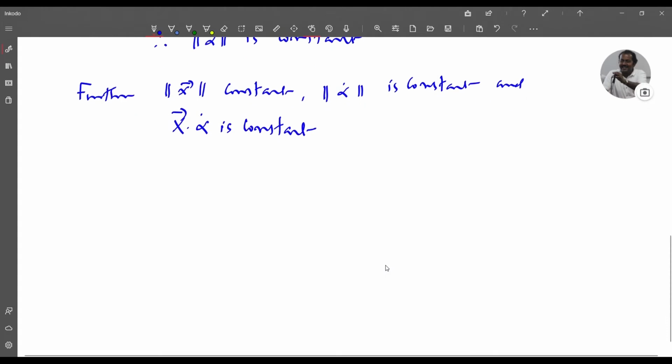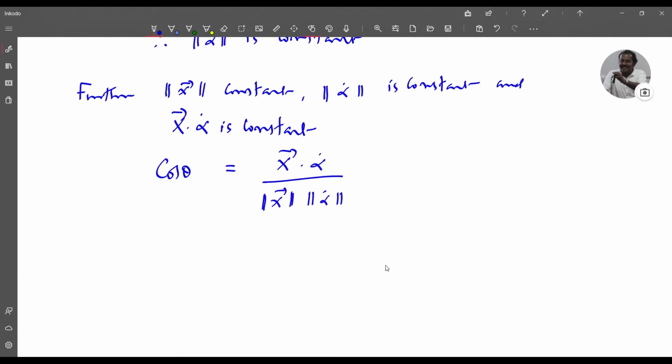Cos theta is X dot alpha dot divided by norm of X into norm alpha dot.